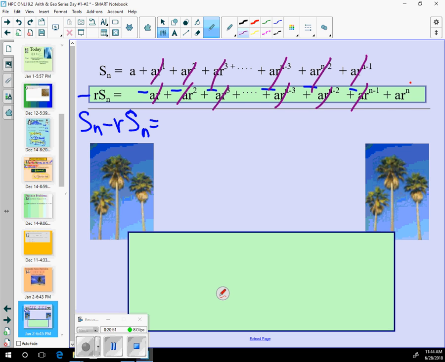You're not going to take this one, and you're not going to take this one. So that's going to be a, and this should be minus ar to the n. So this isn't very nice looking, but you get S sub n times 1 minus r.